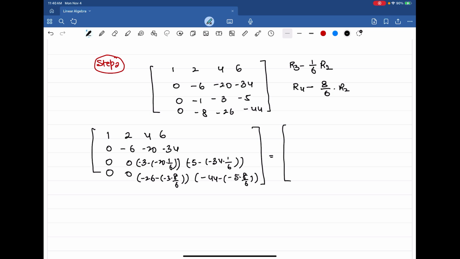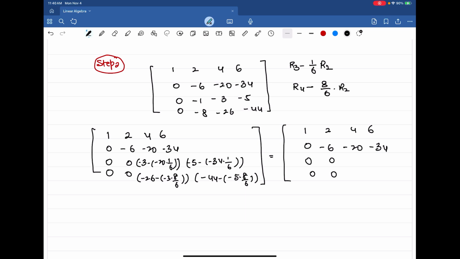If you see this, 1, 2, 4, 6, 0, minus 6, minus 20, minus 34. Now, here it is 0, 0, 0, 0, minus 3 minus 20 by 6 or minus. That means 20 by 6 will become plus. Plus 10 by 6 is plus 5 by 3.